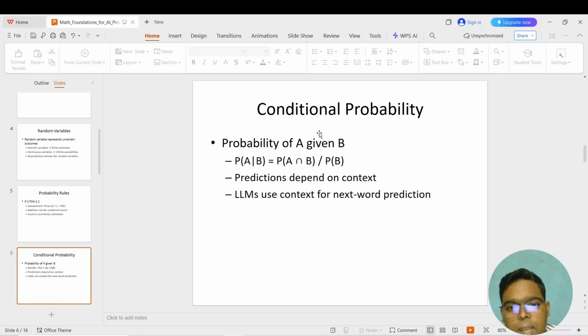So you can see that the LLM understands by its conditional probability, by looking at what words came before. It has many techniques.